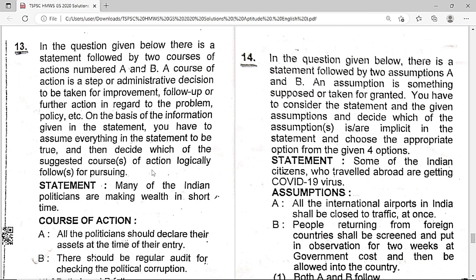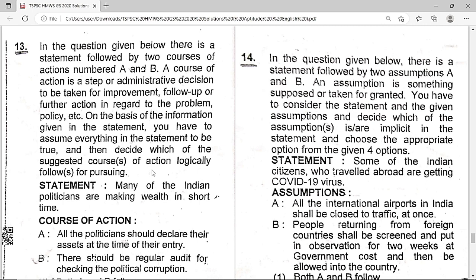So basically, what is given in this question? In the question given below, there is a statement followed by two courses of action numbered A and B. So basically they are given a question based on a statement and courses of action A and B. What is the meaning of course of action?